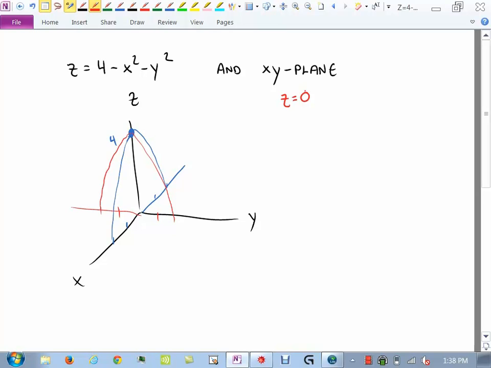So where does this paraboloid hit the xy plane? It hits where z is 0, so put 0 in for z up here. Move the x squared and y squared to the left, and you get what? A circle of radius 2 that lives on the xy plane. So of course, that means you have a circle down here, right?